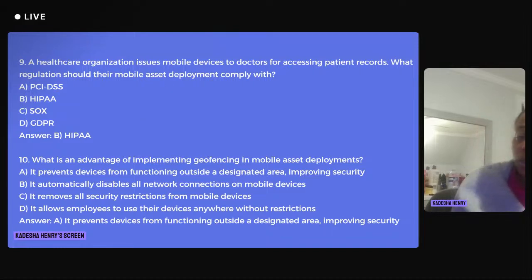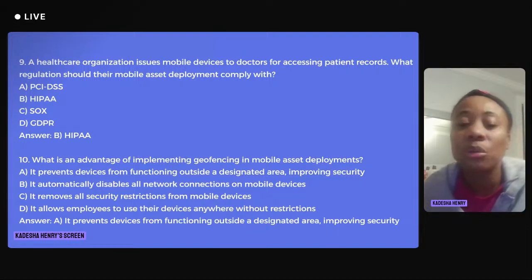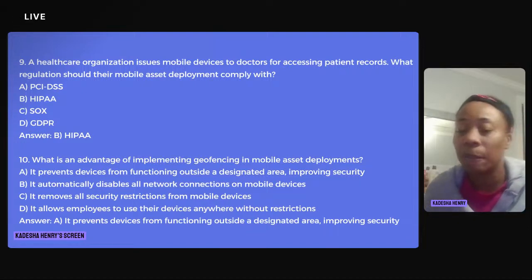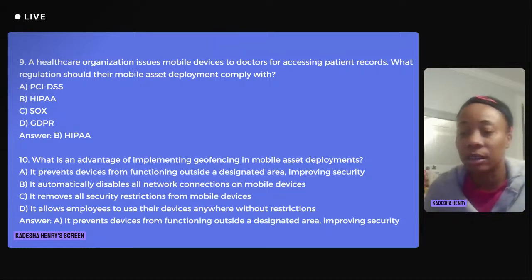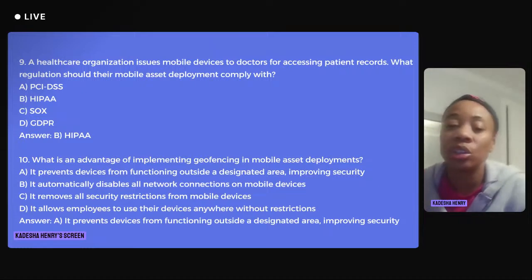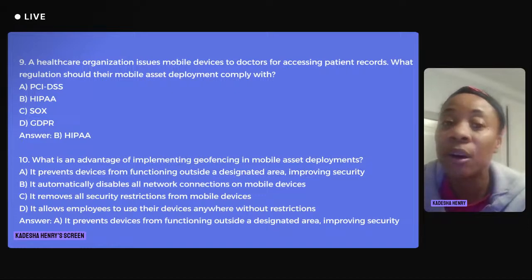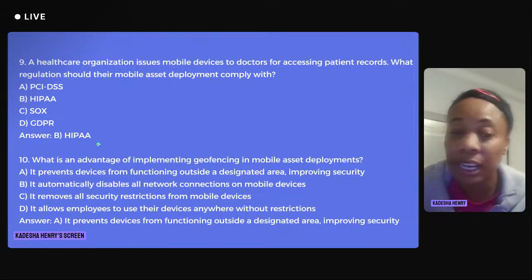Because like I always said, there has to be some rule and some regulation whenever we are using a company's asset. We can't just use the asset wherever we feel like, however we feel like.